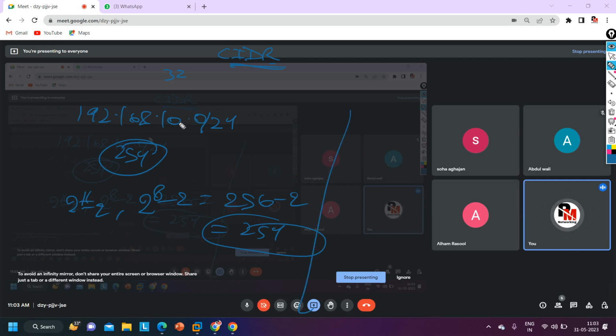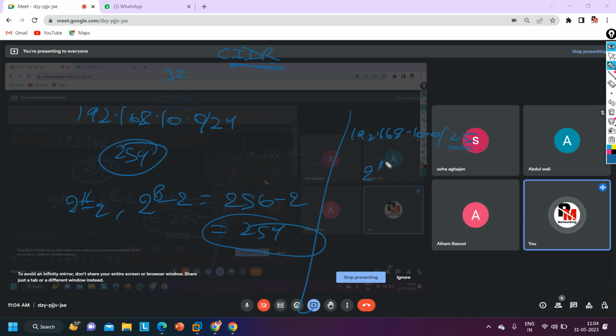Now, if I divide this network into two parts, 192.168.10.0, this time I am going to say slash 25. That means we have 25 network bits, so only 7 host bits.